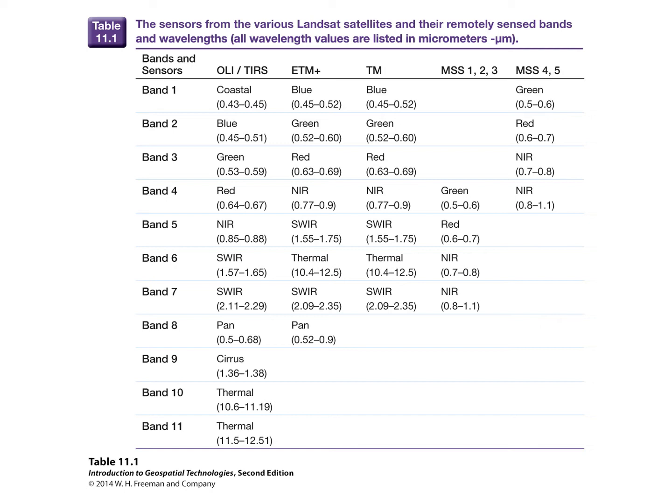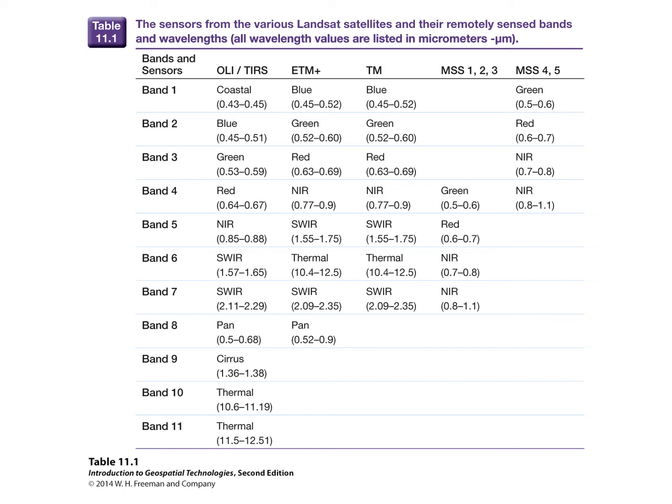We have the ETM plus, that's a newer type of thematic mapper. We have the TM, which is the thematic mapper, and then some of the older sensors were the MSS sensors, MSS 1, 2, 3, and MSS 4, 5, and 6. And these different sensors are in different satellites. So what's band 1 in one satellite might be the same as band 2 in another.